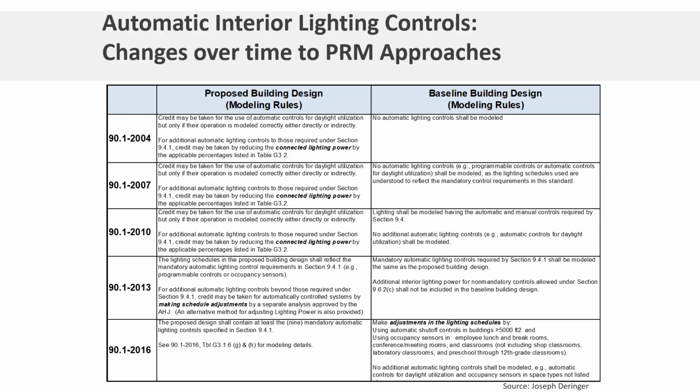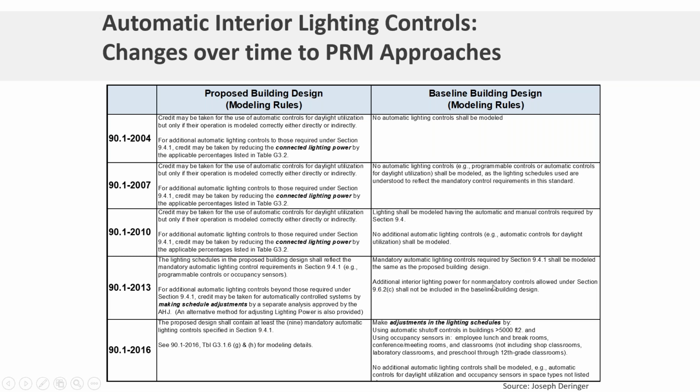So what do the changes look like over time to lighting controls? Generally in 2004, there were some very small lighting controls allowed. Within the proposed design, baseline said no automatic controls. 2007 stepped up to say you don't model also, assuming the lighting schedules are there. 2010 again looks very similar.